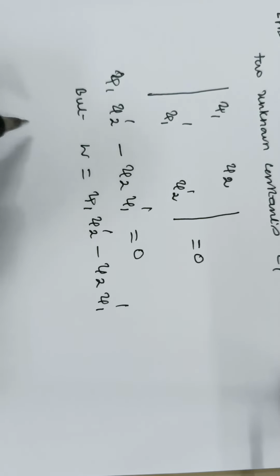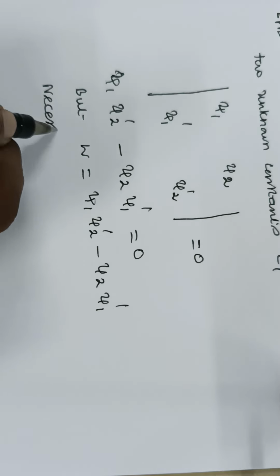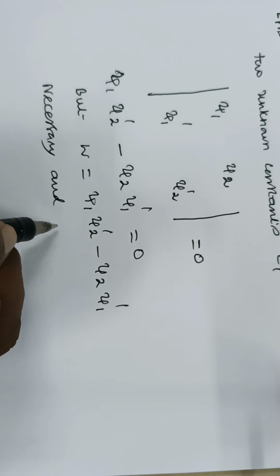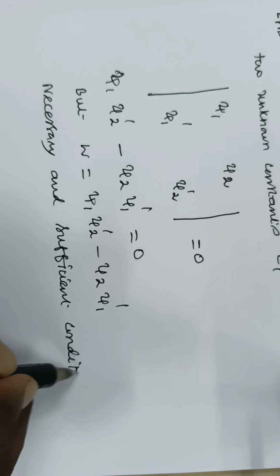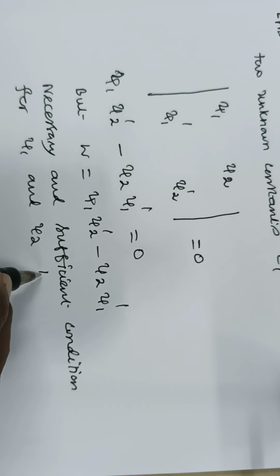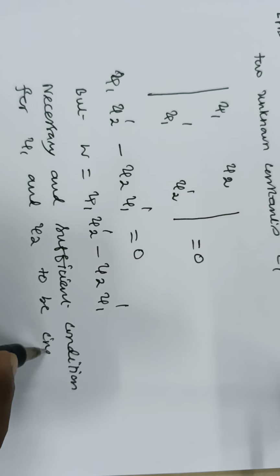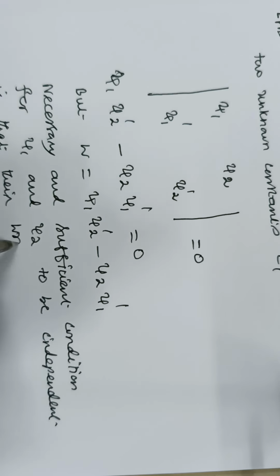Now we can conclude that the necessary and sufficient condition for psi 1 and psi 2 to be independent is that wronskian does not vanish.